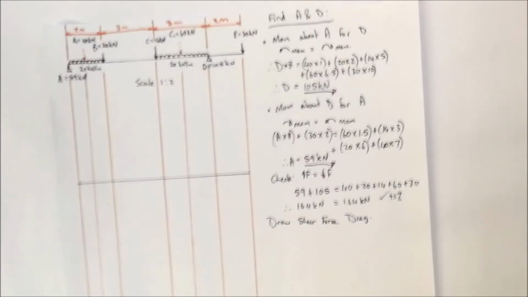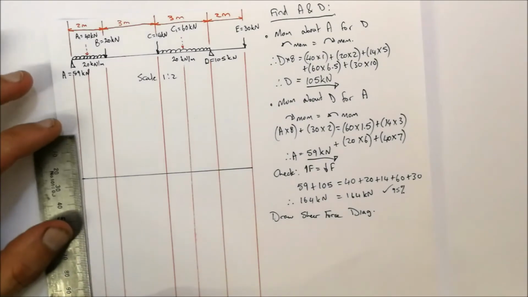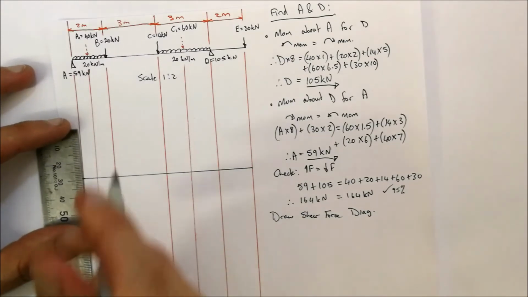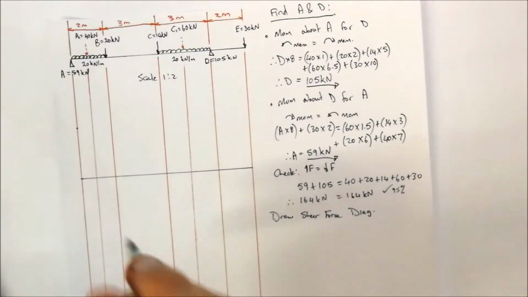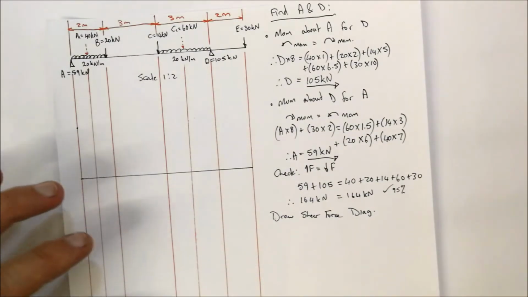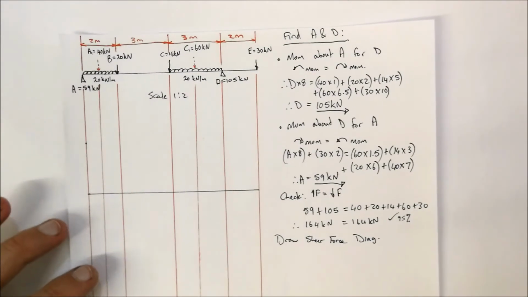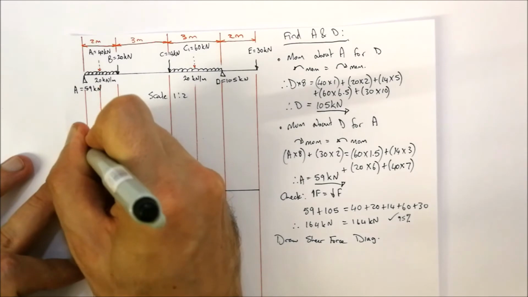So I'm going to be measuring 29.5 over here, and I'm going to indicate the 59 kilonewtons.